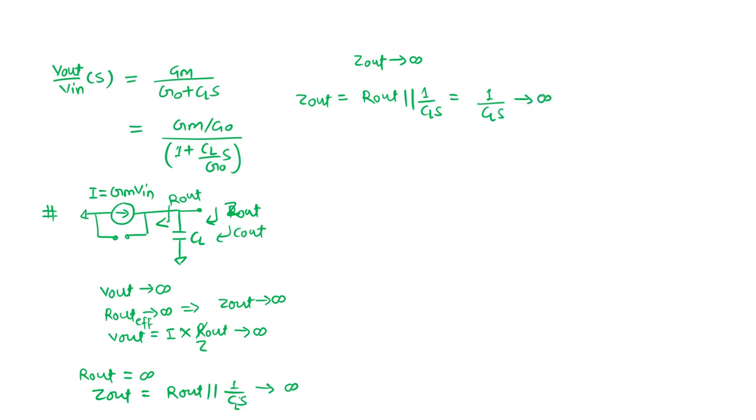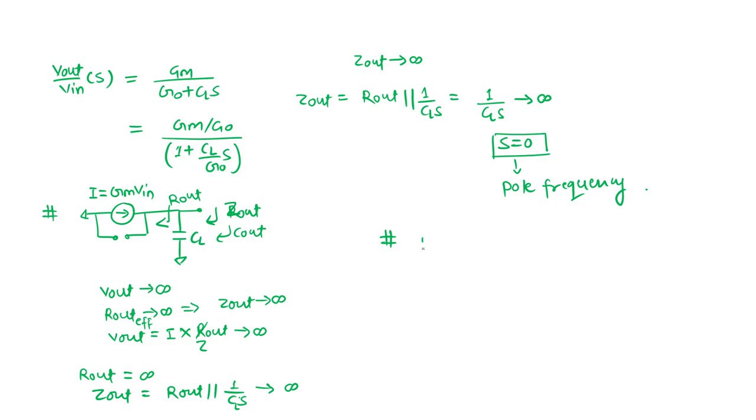And when you make this infinite, what do you see? S should equal 0. So S equal to 0 is the pole frequency, which is called the dominant pole frequency. I think the concept is clear. If there is any confusion, we will take a few more circuits here. So there are two ways.